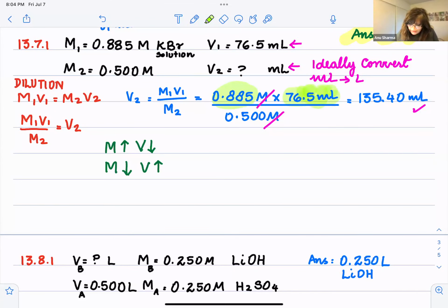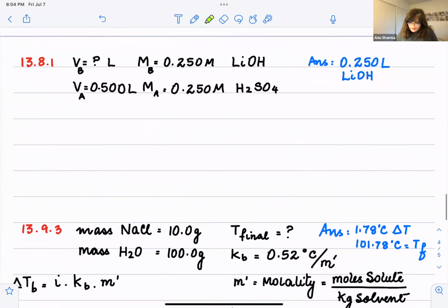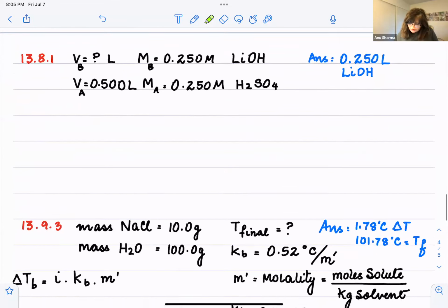But when the molarity went down to 0.5, the value of the volume increased. So this is how you check whether you got the right answer or not. When the molarity goes down, the volume goes up, and when the molarity is higher, the volume is lower.